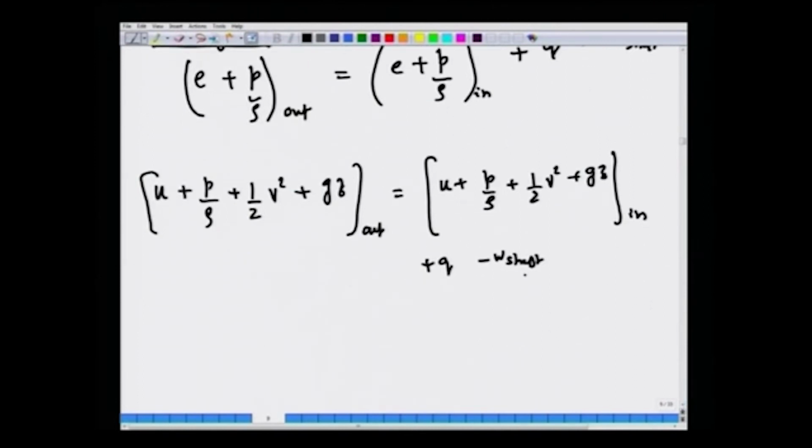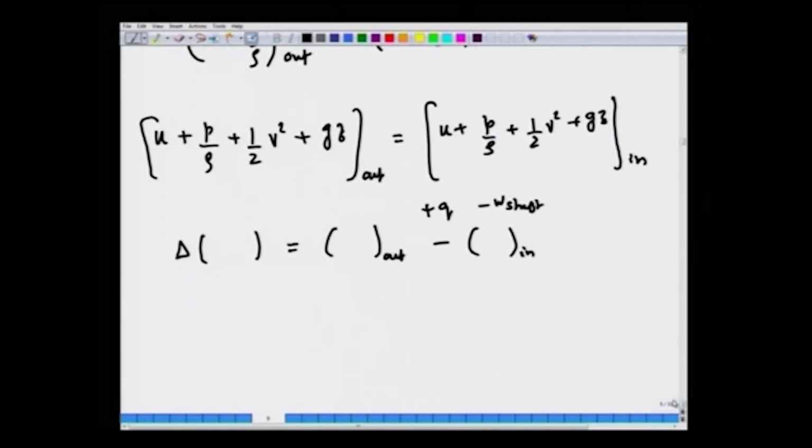This is the work done by the control volume per unit mass. There is no rate involved. Okay. Now, I can use a new symbol delta as that quantity evaluated at outlet minus the quantity evaluated at inlet. So, delta of u plus p by rho plus half v square plus g z is q minus w shaft.